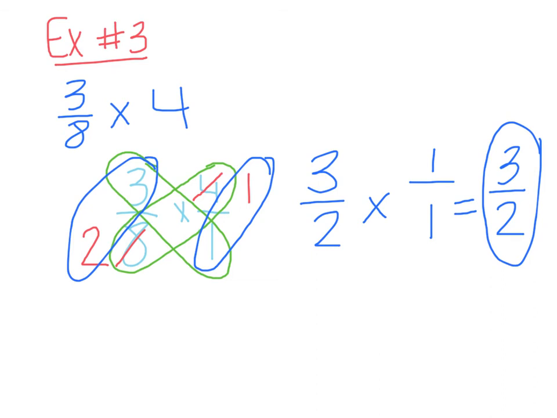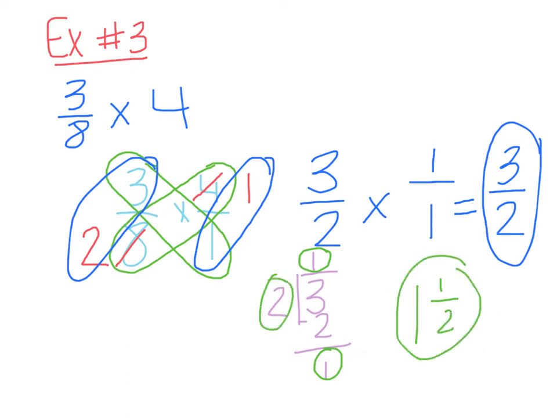So what I need to do is divide. 3 divided by 2. Remember, your numerator always goes inside. 2 goes into 3 one time, and there's 1 left over. So my mixed number is 1 and 1/2 is my answer.